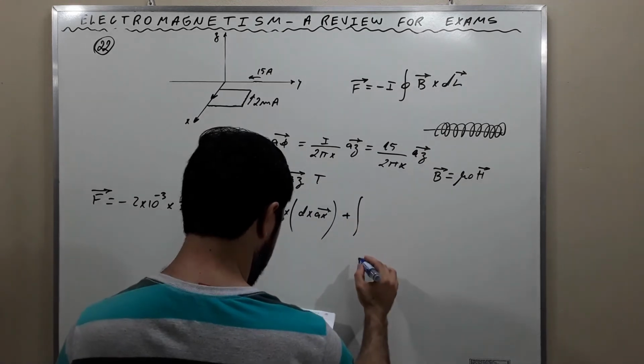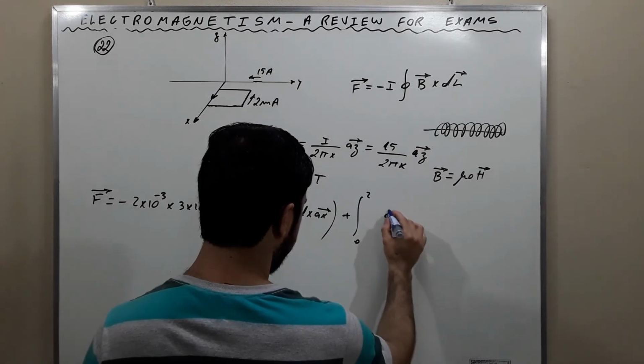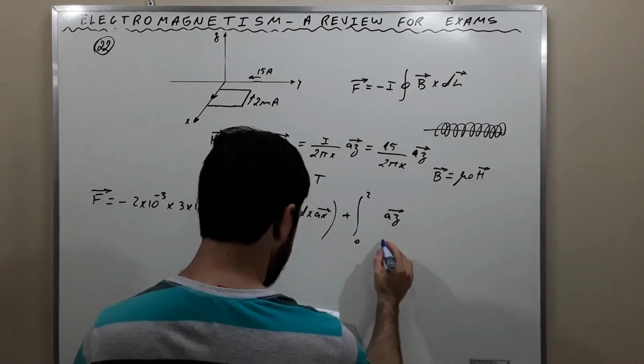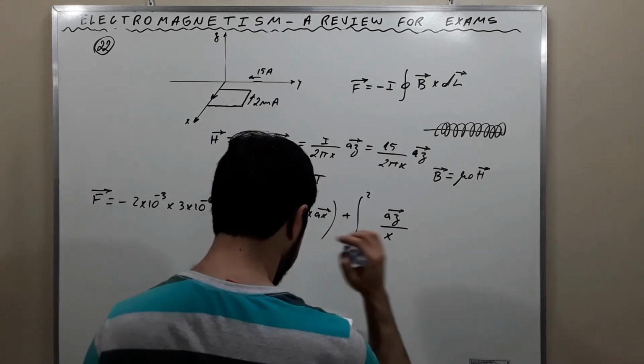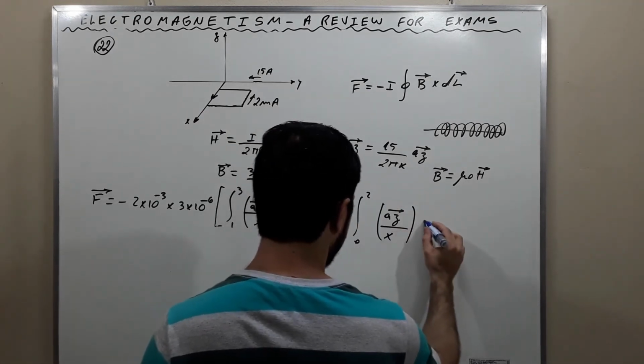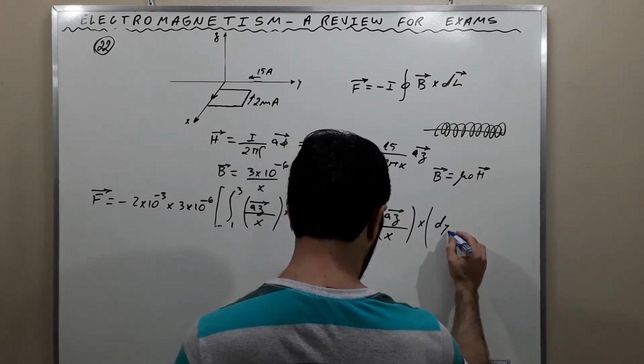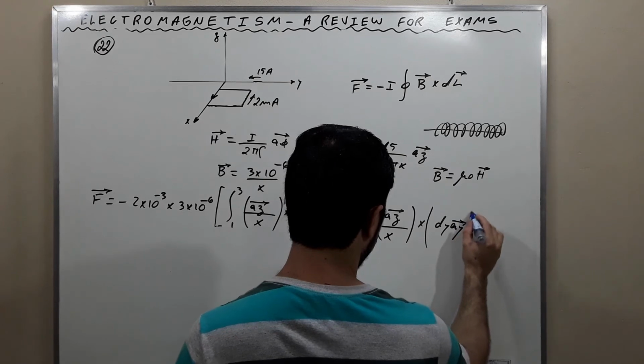plus the integral from 0 to 2 of az over x in a cross product dy ay.